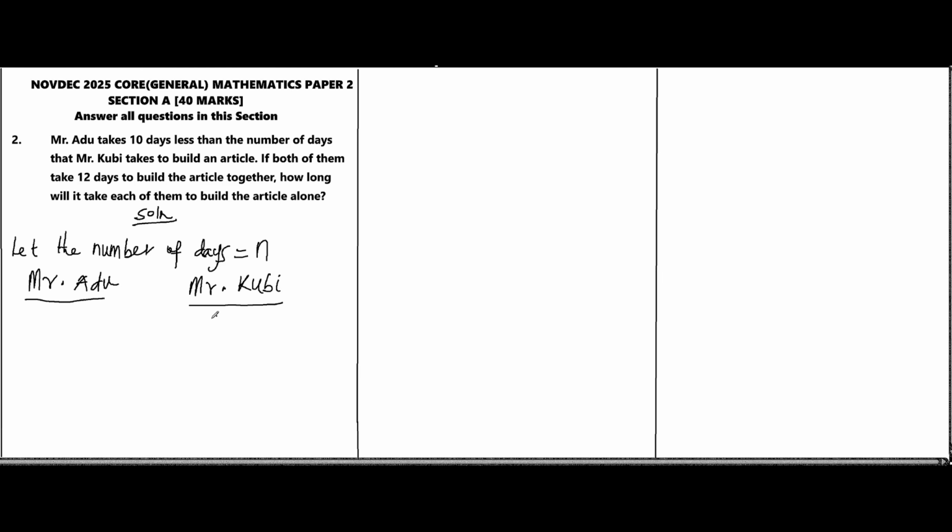So if Mr. Kubi takes n days to build the artifact, then what will be the expression for the number of days for Mr. Edu to build the same artifact? You know that Mr. Edu takes 10 days less, so that will be n minus 10 days.